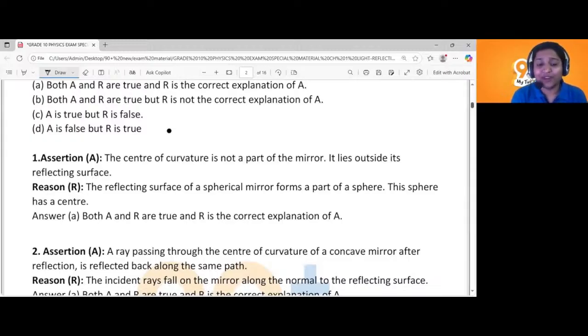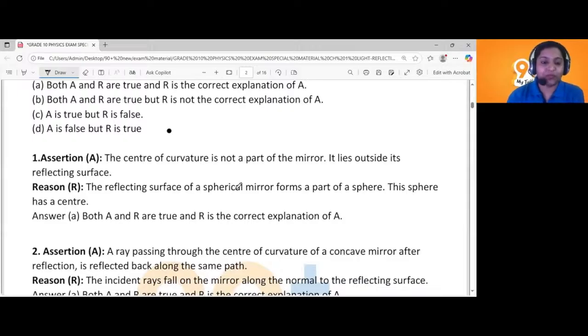The reflecting surface of a spherical mirror forms a part of a sphere, and the sphere has a center. That is the definition of the center of curvature. So here, both the assertion and the reason are true, and the reason is the correct explanation of the assertion.